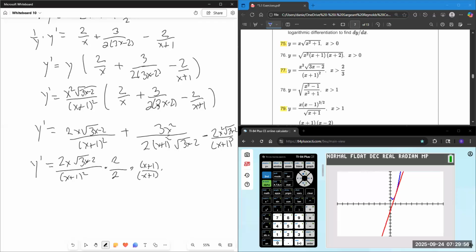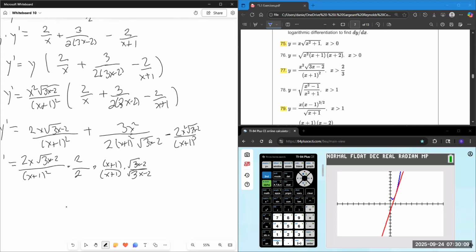And it needs a root 3x minus 2. And then this one needs another x plus 1. And then this one just needs to have a 2 and a 3x, root 3x minus 2.